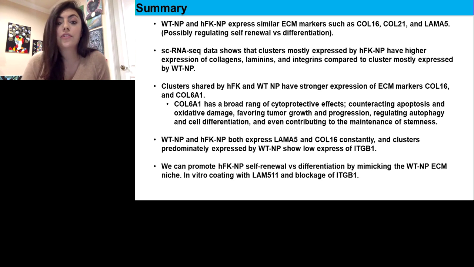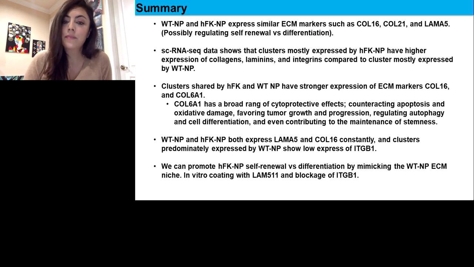We also see that clusters shared by Wilms tumor and human fetal kidney nephron progenitors show stronger expression of collagen 16 and collagen 6 alpha 1. And collagen 6 alpha 1 is known to have a broad range of cytoprotective effects, and it has a role in maintaining stemness and also in cancer.